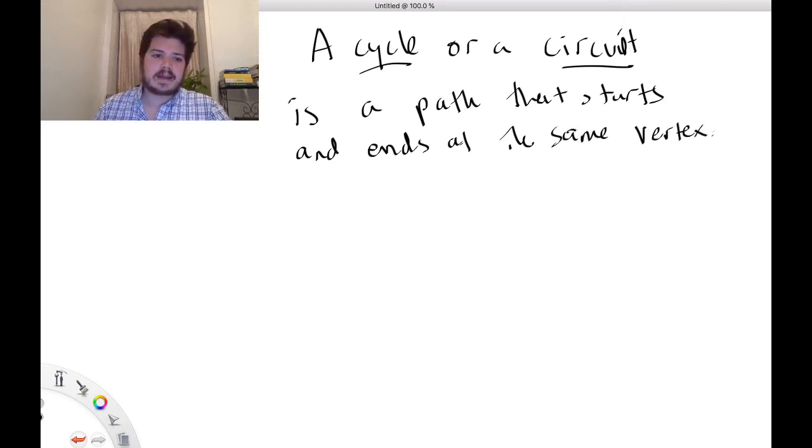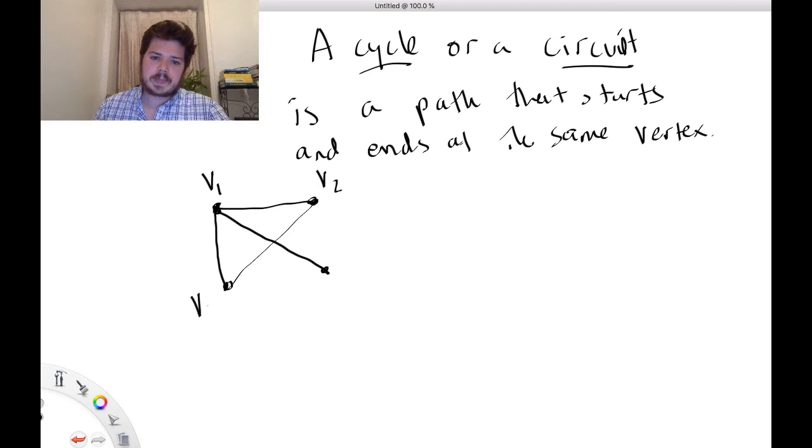So here's a way that the vertex sequence is a bit more preferable. Let's just give our nice graph in the beginning: V1, V2, V3, V4. Here's an example of a cycle.